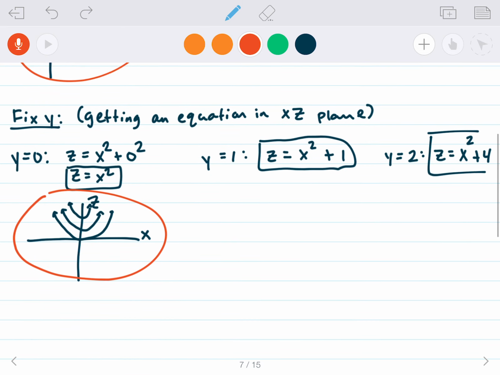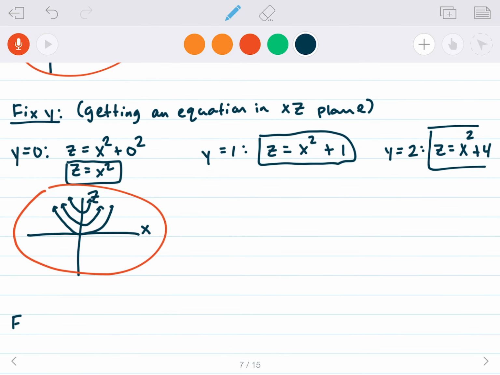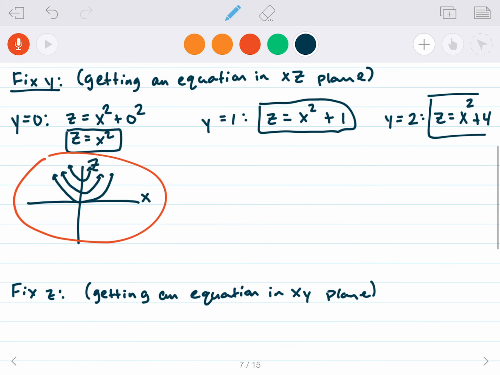Now, what happens if we fix z? If we fix z, we're getting an equation in the xy plane, so we're looking down. So when we fix z, let's say that z is equal to 0. Well, then we get 0 is equal to x squared plus y squared.